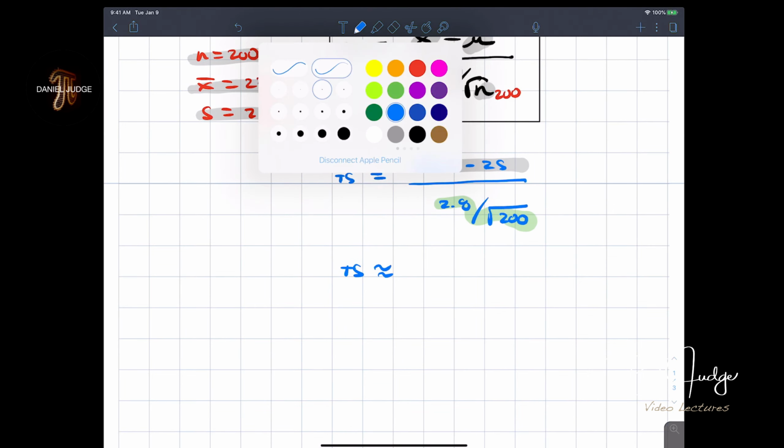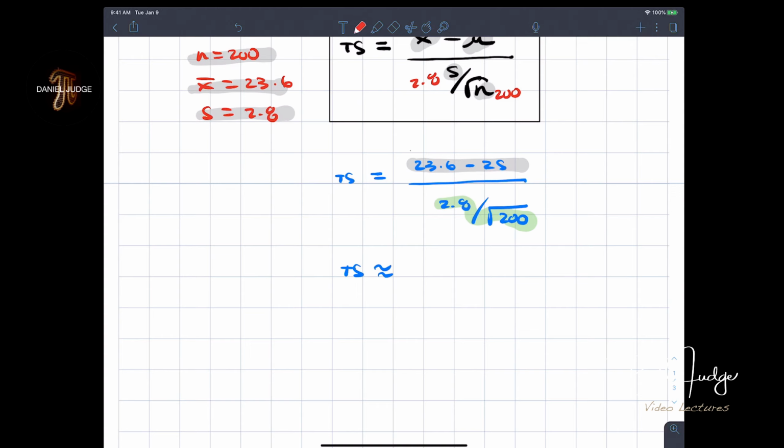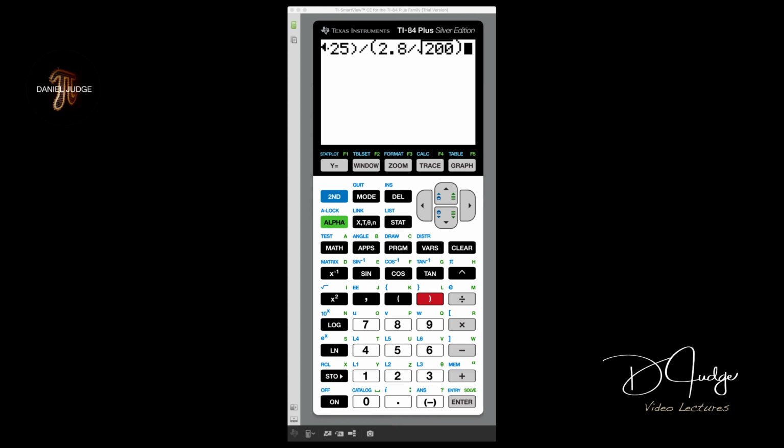And don't forget the meaning of what you see here: this is to divide. So all of that is what we're doing in our TI by using the parentheses the way I described for you guys.